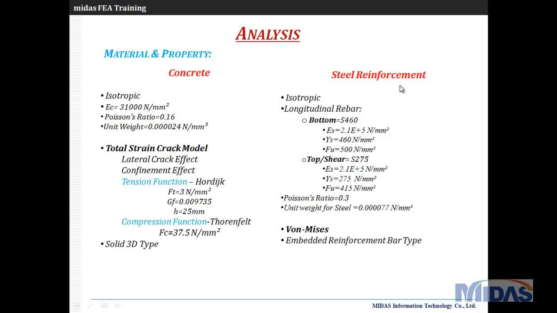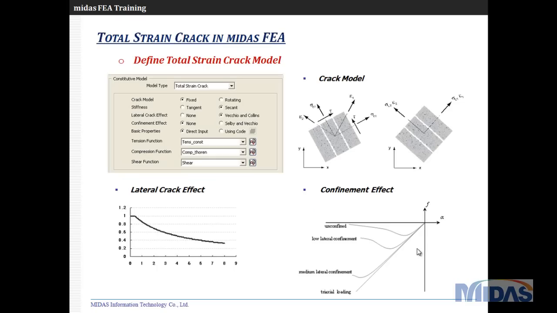And in the steel reinforcement, we have different properties for the bottom and top rebars, and the von Mises model will be used to simulate the steel effect, and the idea of embedded reinforcement bar tie will be used to model the reinforcement.